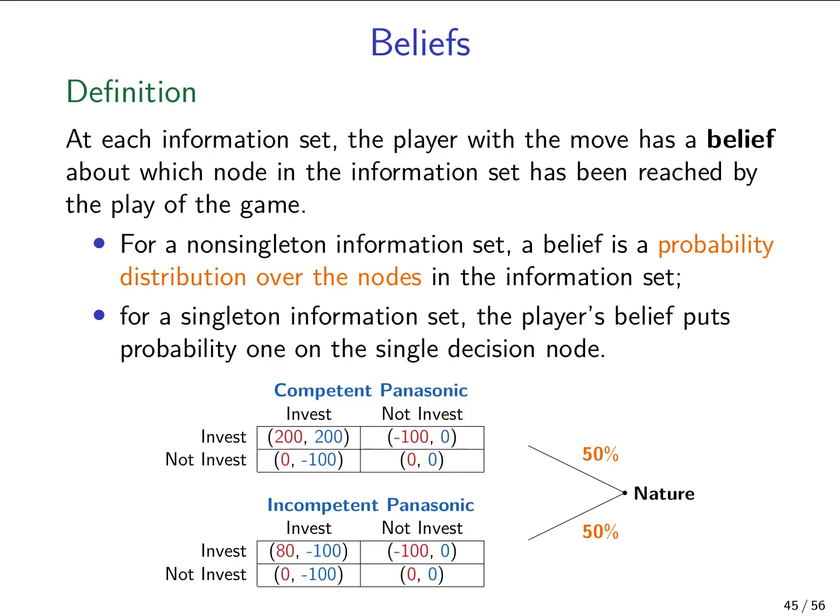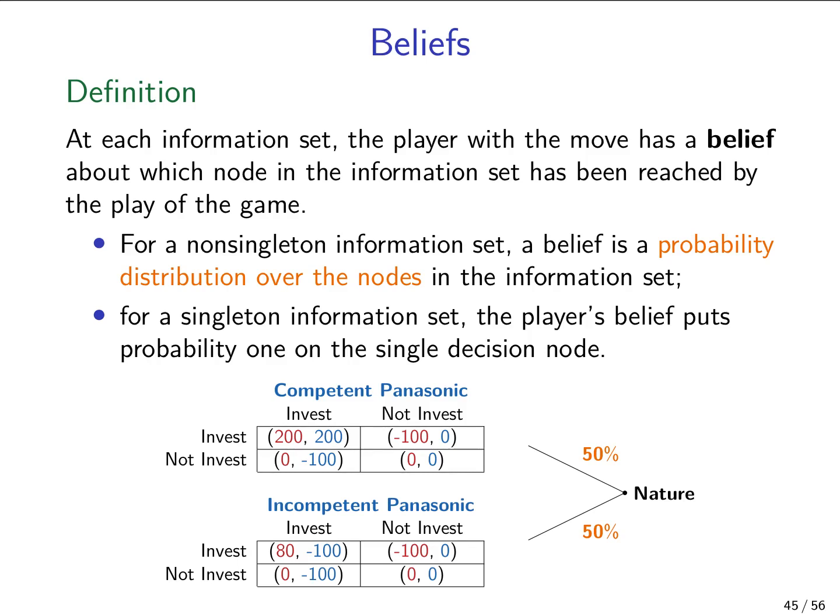And if we go back to our coordination game, which also has incomplete information, but we don't have dynamics, because they move at the same time, for that game we could also describe belief. It's just that the belief is pretty simple.